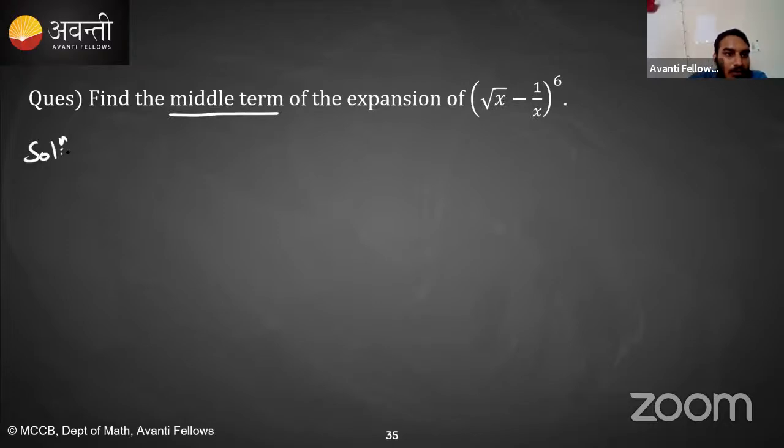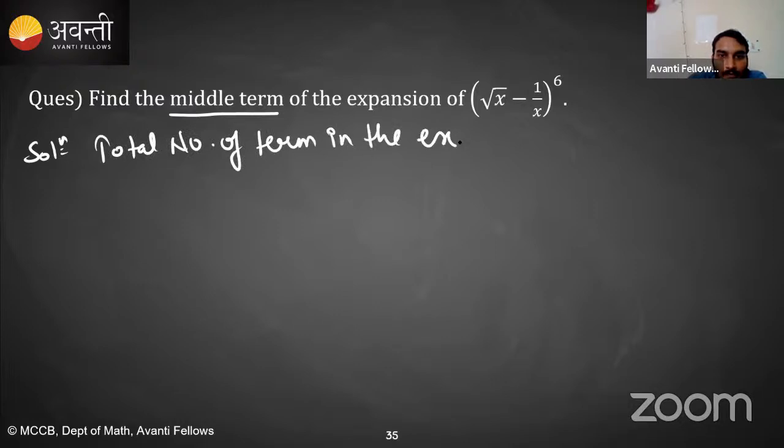First of all, tell me the total number of terms in the expansion. Yes, the total number of terms is 6 plus 1, which is 7.